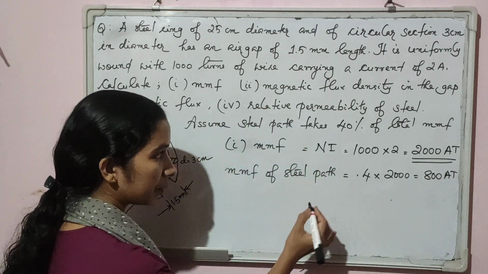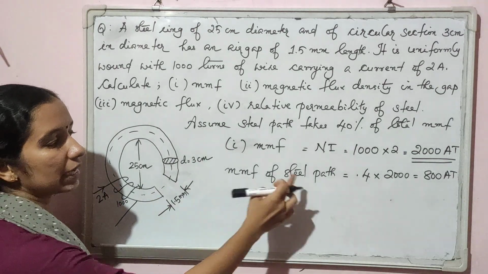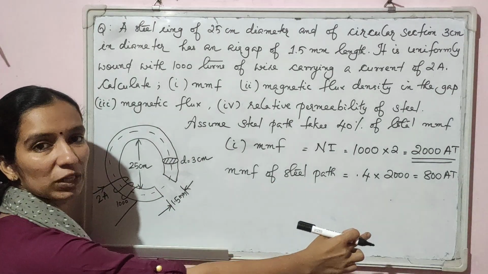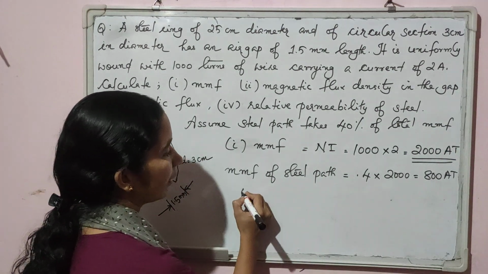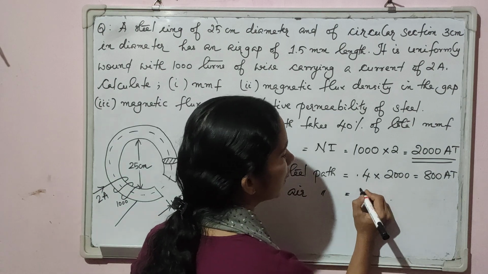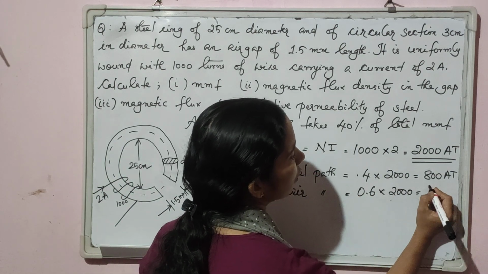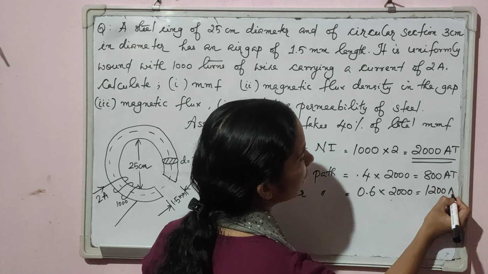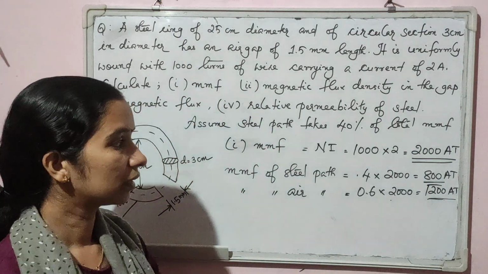And the remaining 60 percent is taken up by the air gap. So we can write MMF of air path is equal to 0.6 into 2000, which is equal to 1200 ampere turns. So total is 2000 ampere turns.